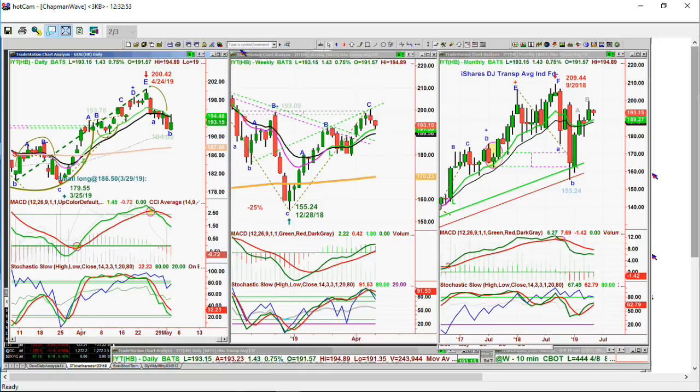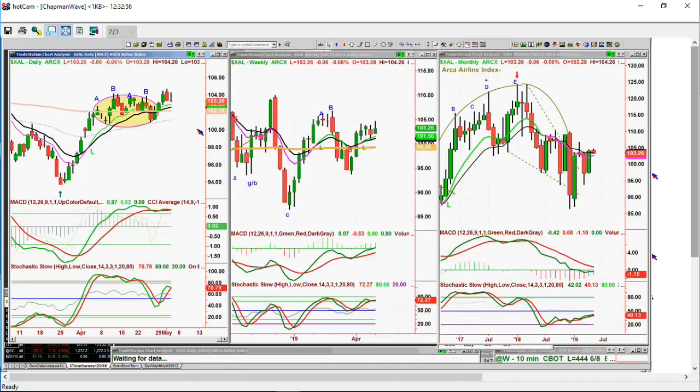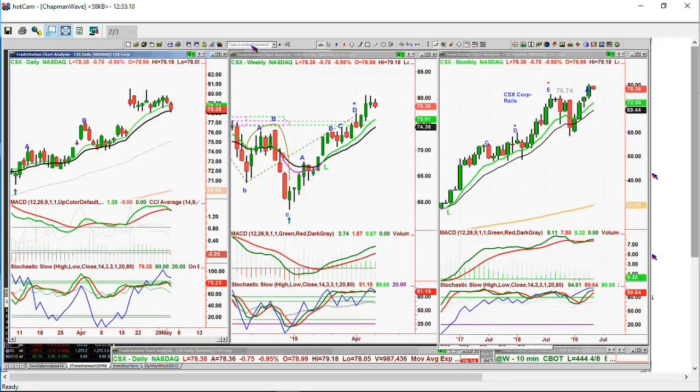XAL, which is the airline index, just chop, chop, chop, has gone to a peak C or leg C. It's really sideways action, down 6 cents at 103.26. What is something like a CSX doing? CSX, got a lot of questions lining up. Gone to a peak C. It's really a double top, peak C1 and peak C2.